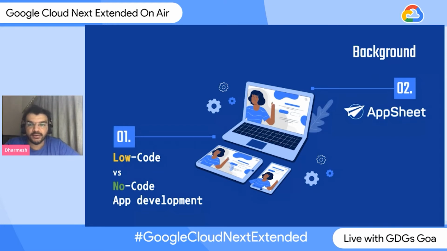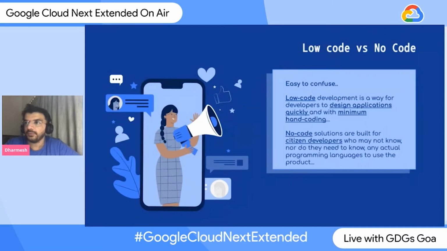For that, let us first understand what exactly is low code versus no code, and then we'll move to AppSheet as a product, as a platform, and see what's around AppSheet. We'll see some beautiful demos around that, and then try to understand it.